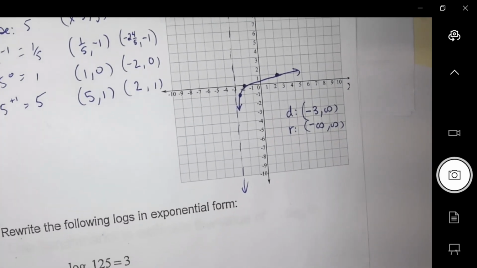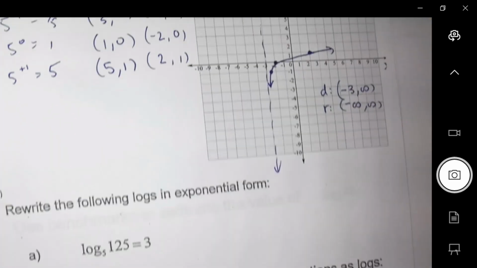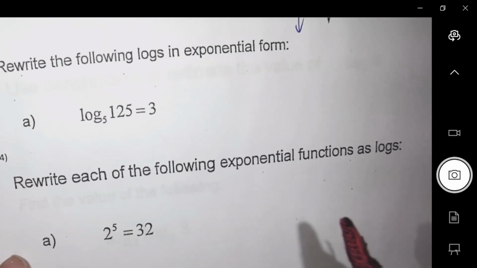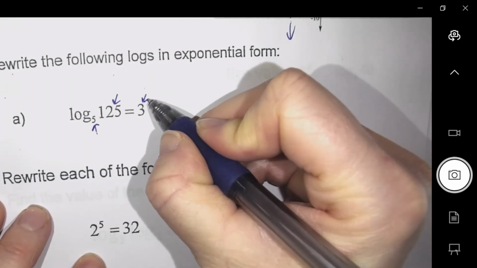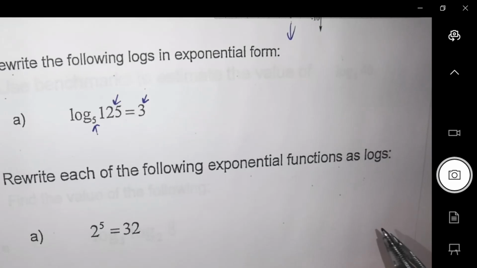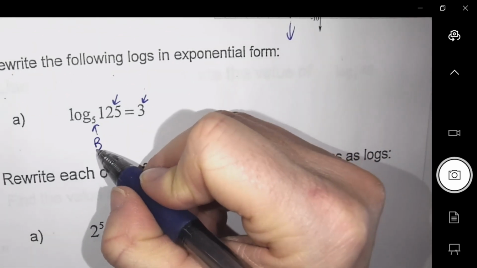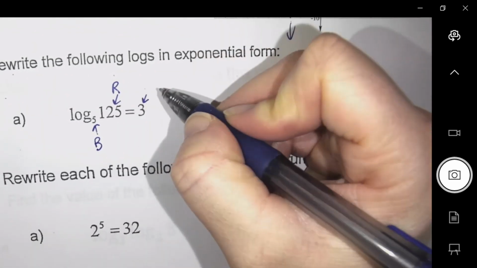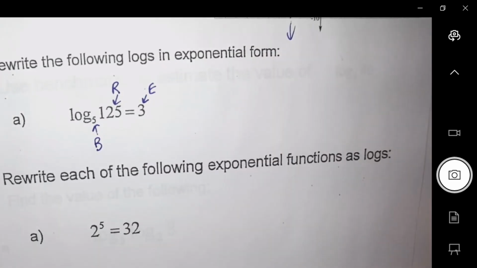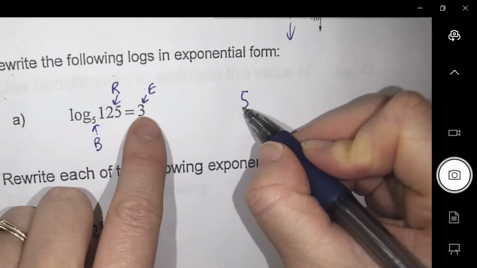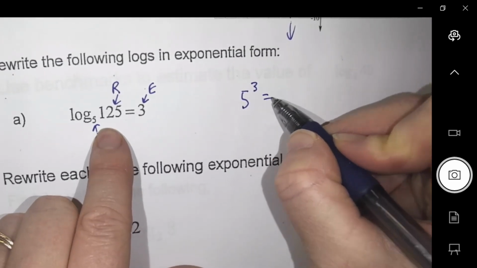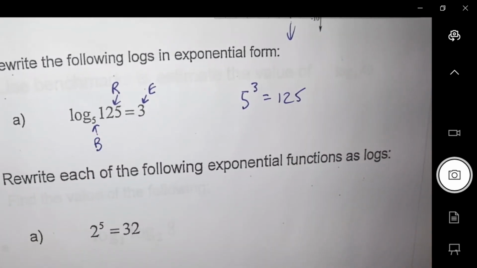Okay, rewrite this, which is a log equation, in exponential form. I'm just going to label these. So this would be the base, this was the result, and this would be the exponent. So it's going to look like this. 5 cubed is the result, 125.